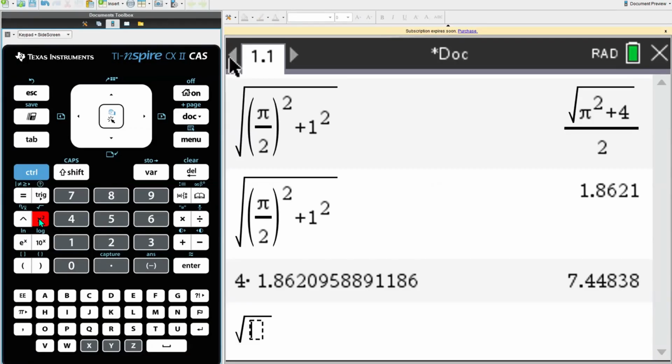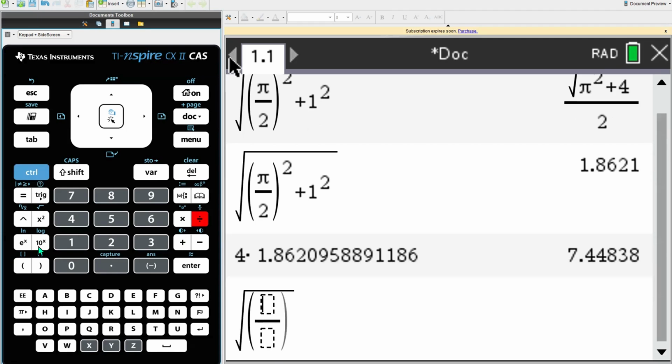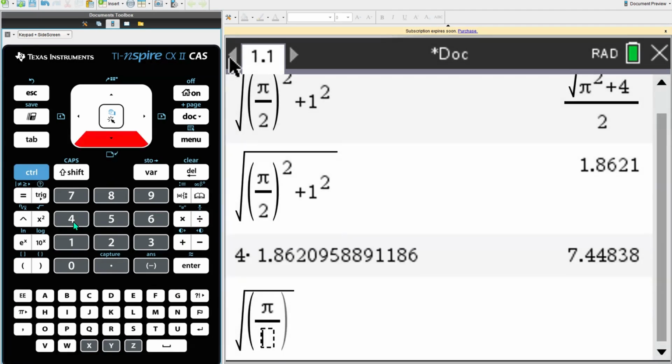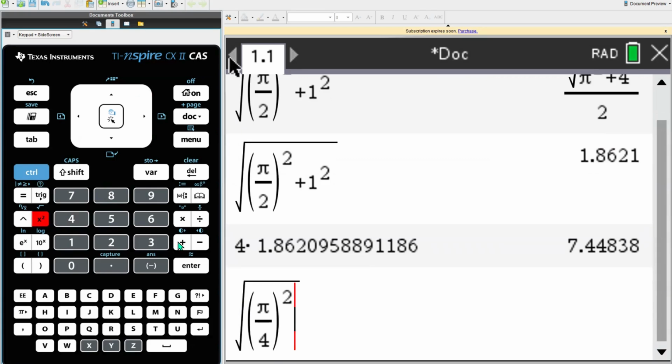Square root and parenthesis, fraction pi over 4. Let's square that, and let's add to it, again, the value of sine at pi over 4, which is root 2 over 2.